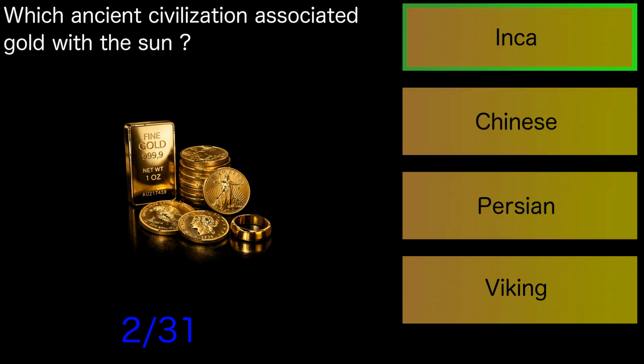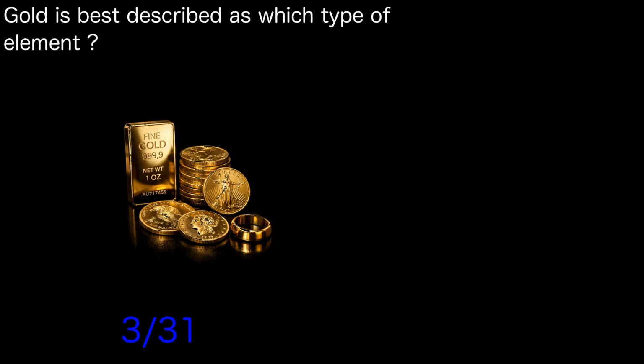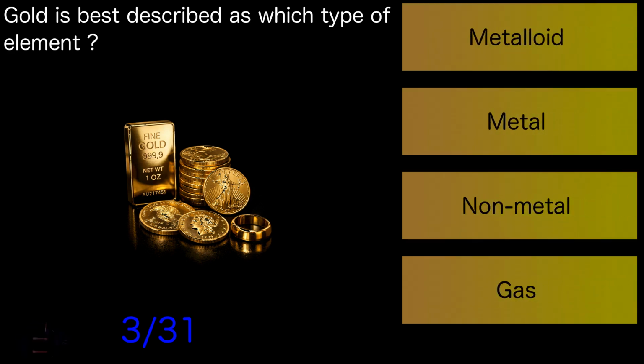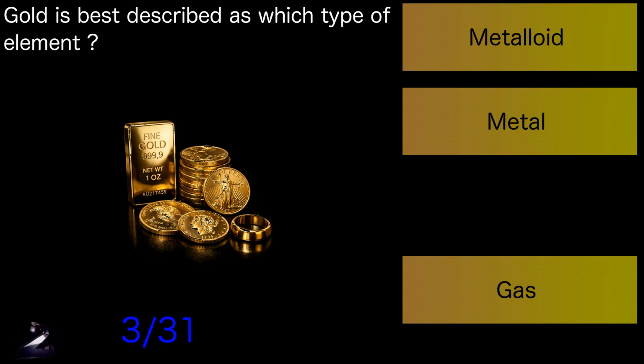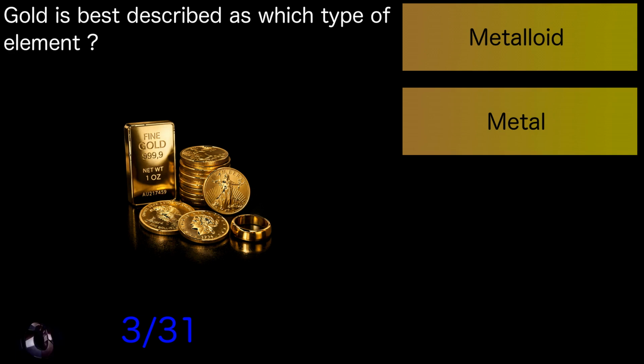Inca. Gold is best described as which type of element? Metal.